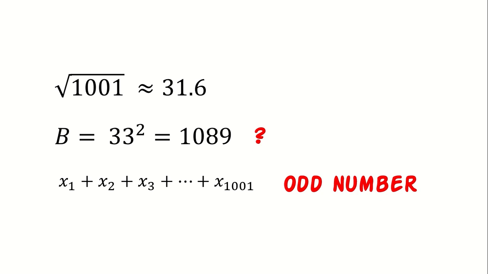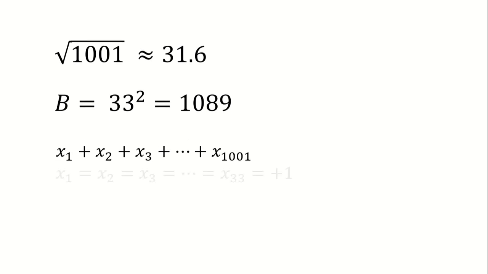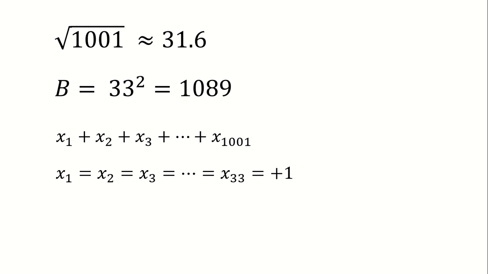And now we have to verify that we can make these terms add up to b. First, we can assume that x1, x2, x3 until x33 are equal to positive 1, to make the 33 we need. And then we can assume that the remaining terms alternate between positive 1 and negative 1.